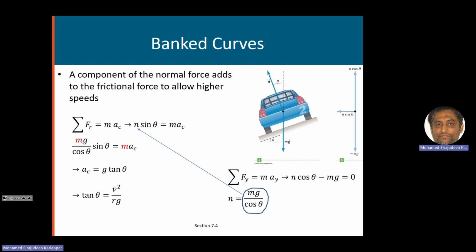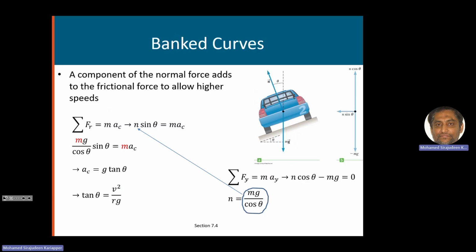What's the difference now? The road is banked. Because on highways, cars have to go fast, like 200 kilometers per hour if it is allowed. So if you need to take a curve, a bend, you have to make sure there is enough centripetal force for the car to make that curve. Otherwise, what will happen?